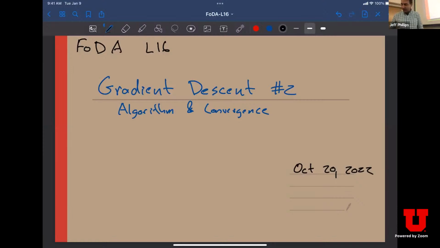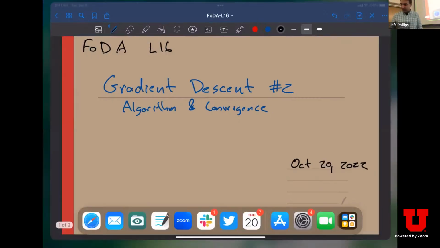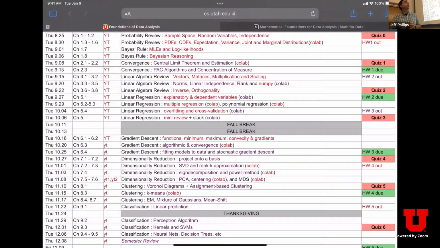Okay, let's look at the schedule. We're in gradient descent. I will show an example today in Colab, which will be very helpful for your homework 3.